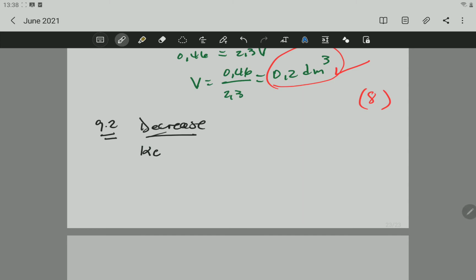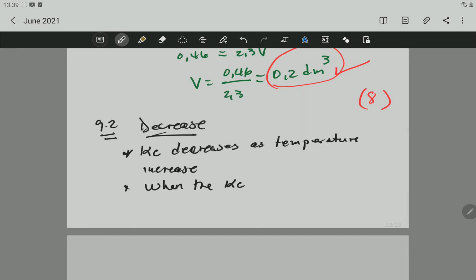Kc decreases as temperature increases. That is the first thing I'll write. When the Kc decreases, more reactants are formed. I will write that one.